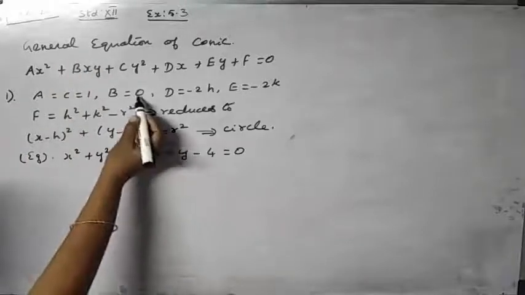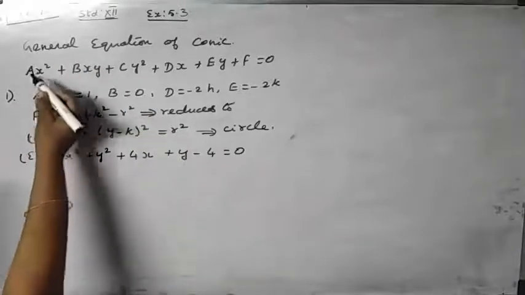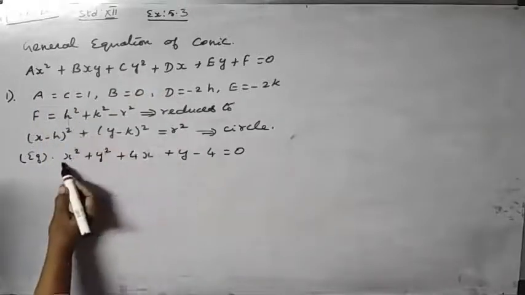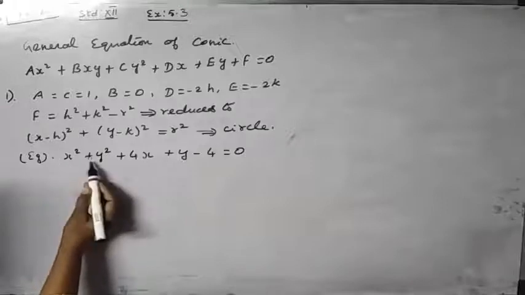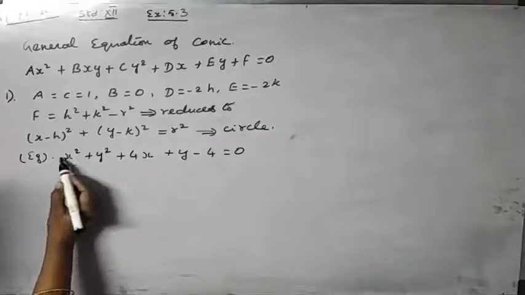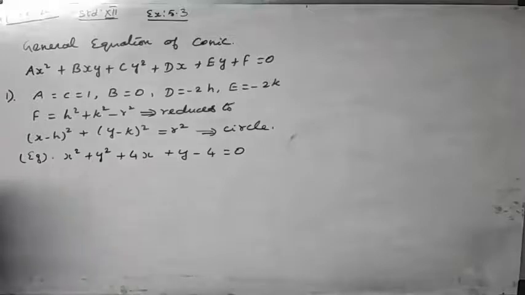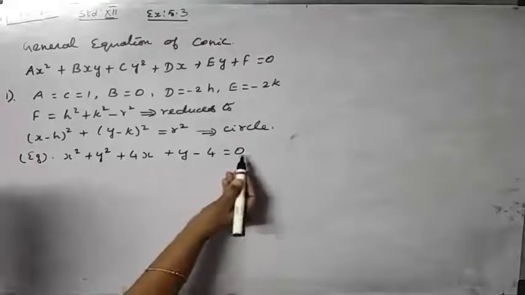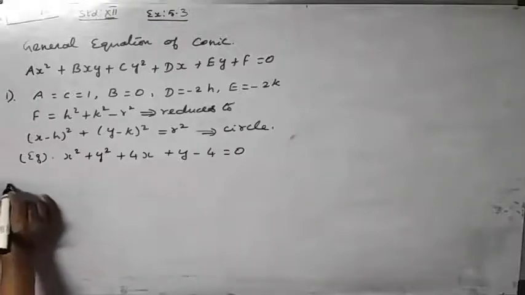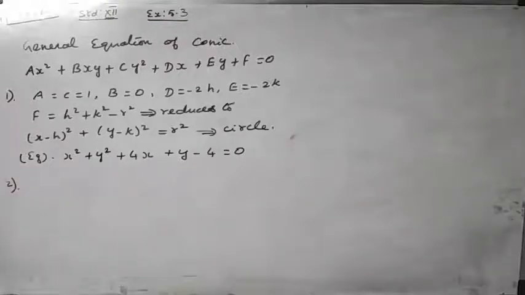So b equal to 0. So a equal to 1 and c, c is the coefficient of y square. Look at these two. In this equation, a and c are equal and also the coefficient is 1. If it is like this, we can write that it is a circle. We can write it as soon as we see the equation.